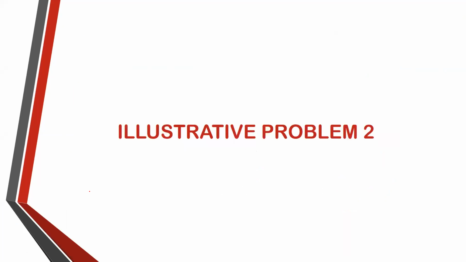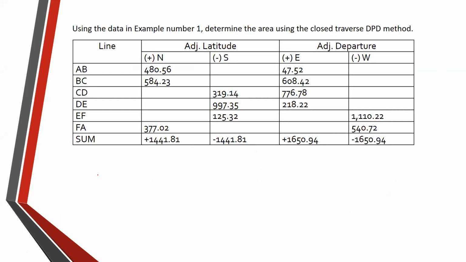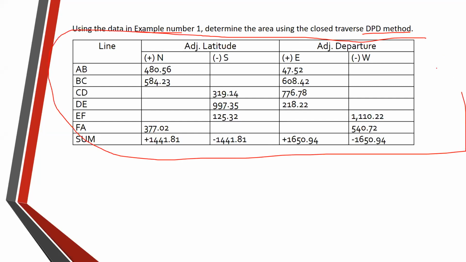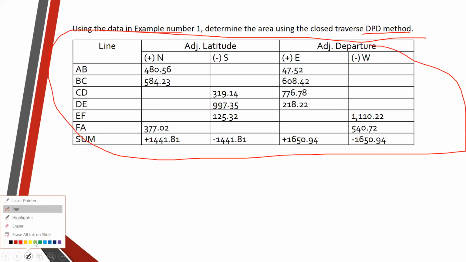Let's have the illustrative problem number 2 for the computation of the traverse using the DPD method. So using the data in example number 1, determine the area using the closed traverse DPD method. Again, this tabulated data is just the same with your example number 1.